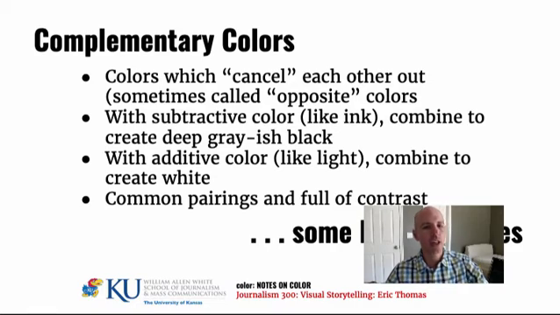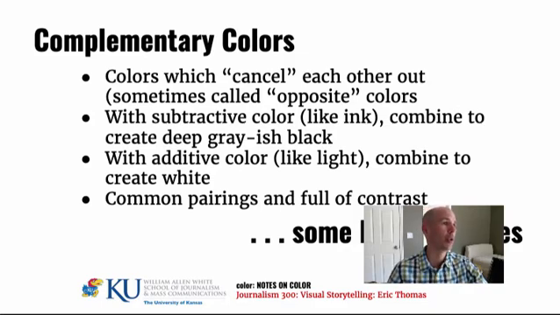If we're talking about it in terms of subtractive color, like when we're talking about ink, when we put these two colors together, then we are going to go ahead and make a really, really deep, almost black-gray color. When we're talking about additive color, like light, when we combine these two together, we're going to go ahead and get white. These are very common colors that we see every day out in the world.